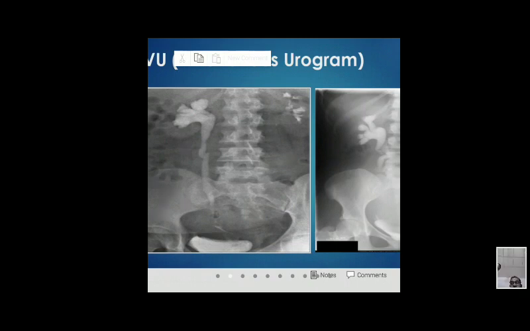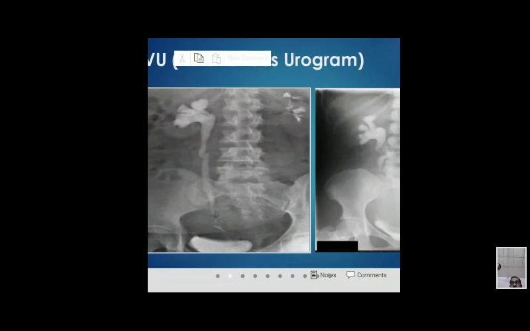Hydronephrosis may be unilateral or it may be bilateral. In case of unilateral hydronephrosis, there are some important causes. There is a congenital cause, and the most important is the congenital PUJ obstruction.